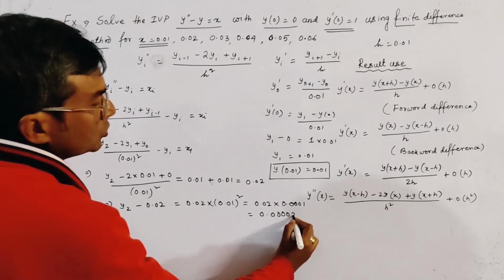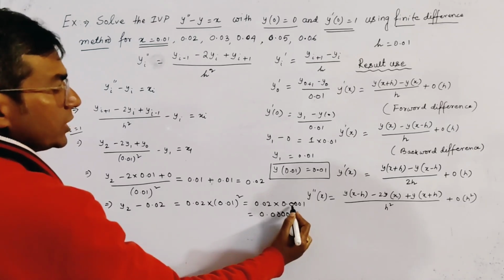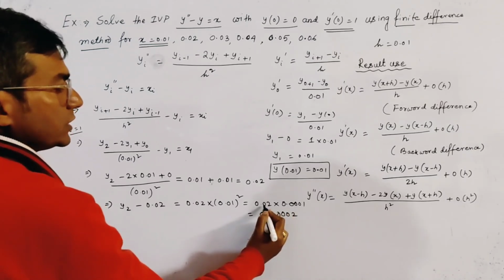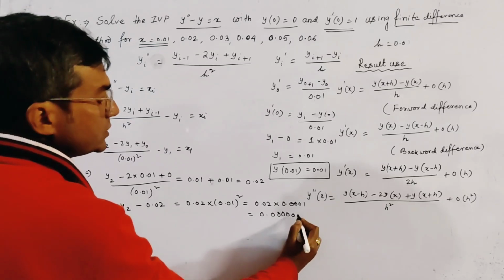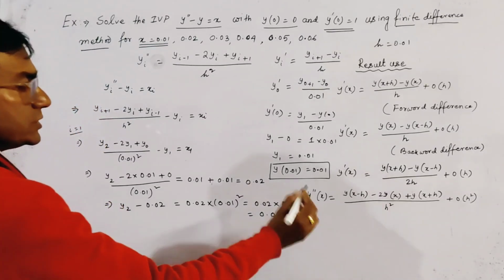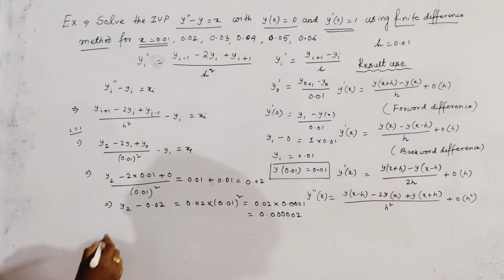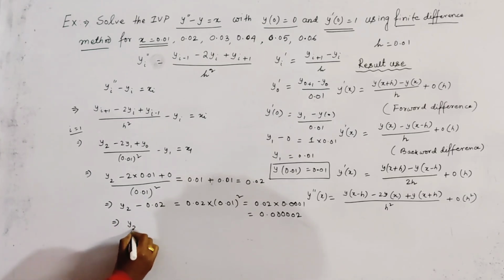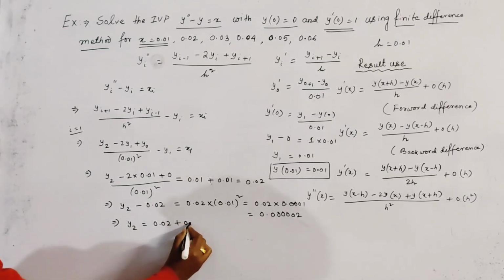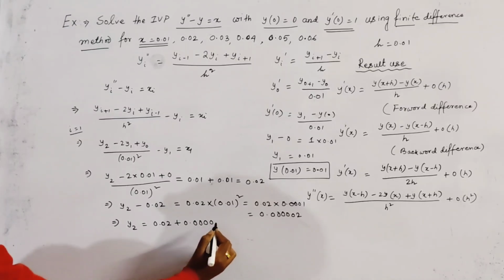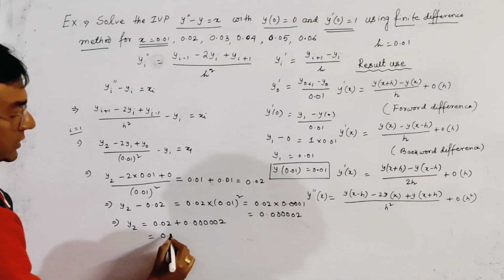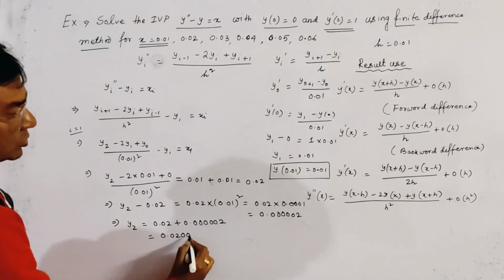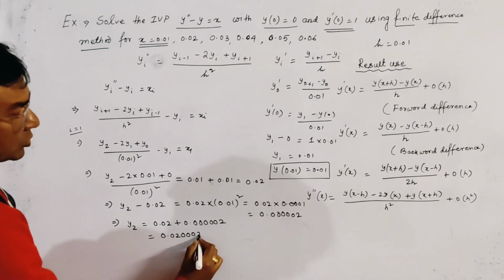And this result gives 0.000002, because here 4 and here 2, so in 6 decimal places we write another 0 and then 2. This is the 6 decimal places. Now the value of y2 is given by 0.02 plus 0.000002, and this gives the result 0.020002.